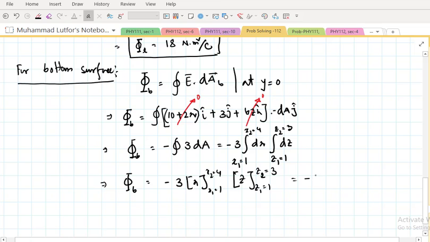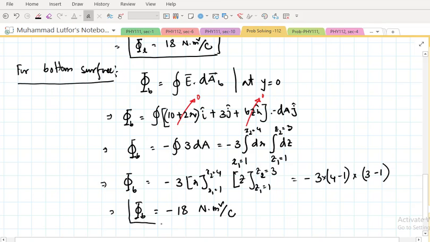Now you can find it's minus 3 into, I just put the values, 4 minus 1 into 3 minus 1. Then phi bottom would be minus 18. You can also find 4 minus 1 is 3, 3 into 3 is 9, 9 into 2 is 18, so minus 18 Newton meter square per coulomb. So this is the flux for the bottom surface.